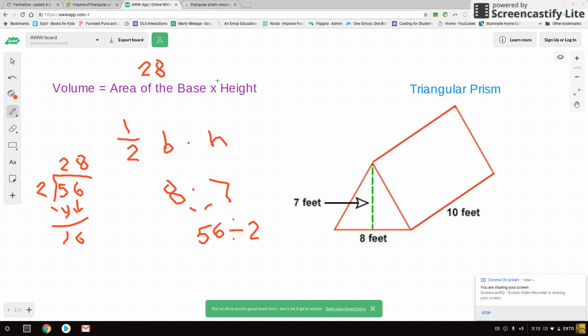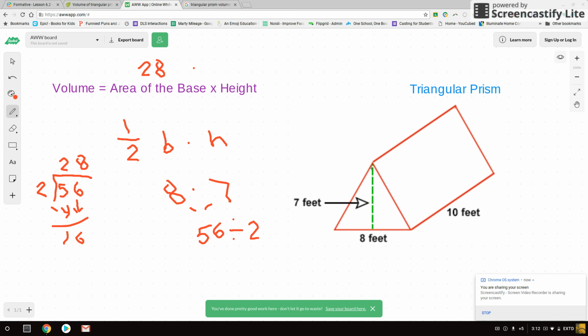Now the next step is we multiply it by the height. Well, our height in this is actually 10. Now this is where it gets a little bit tricky, because if you look at this shape, you'd say, wait a minute, height is how tall something is, and look at this shape. The 10 is kind of on this bottom line, and you're right about that. But when we talk about height, we talk about how far apart the two different bases are.